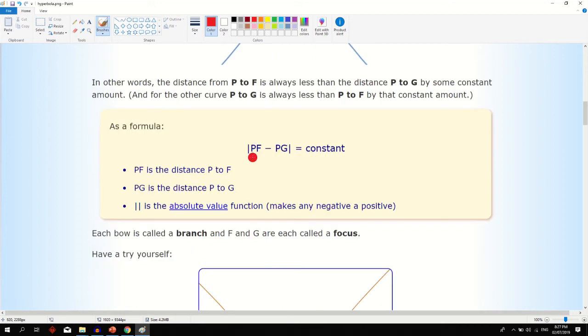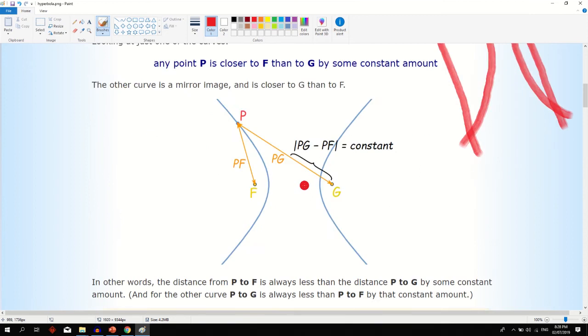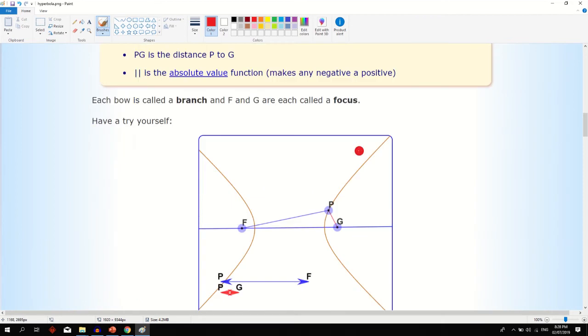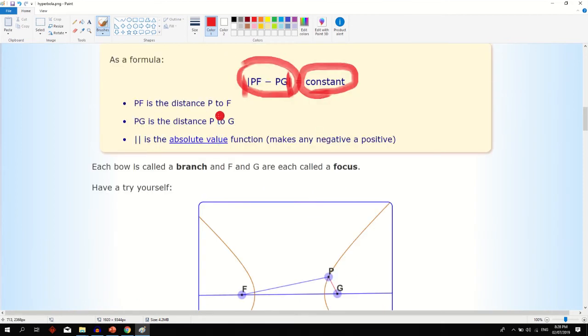So take the distance from P to F minus the distance from P to G, and take the absolute value so there's no negative. It is always a constant. So PF is the distance, and we take the absolute value, so you know absolute value, right?